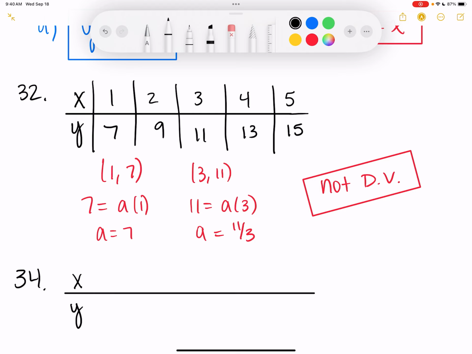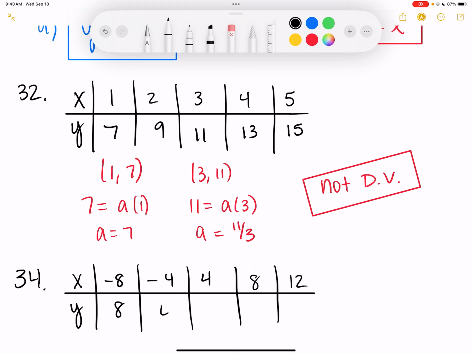Alright, another table. The x values going across are -8, -4, 4, 8, and 12. The y values are 8, 4, -4, -8, and -12.